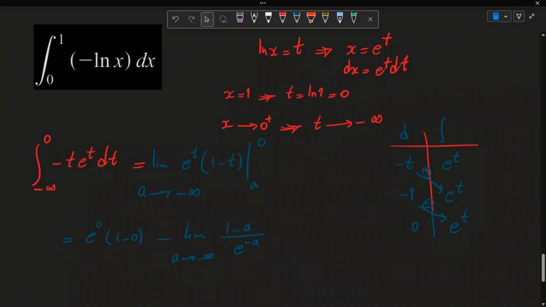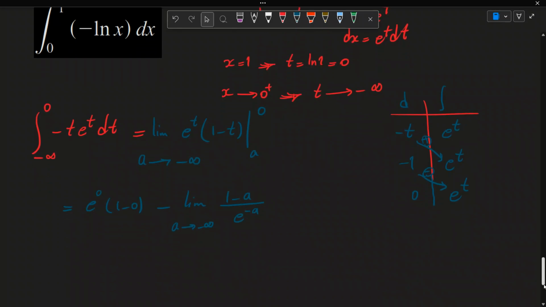Now if a approaches minus infinity, in the numerator we have infinity, and the negative a is positive infinity, so infinity over infinity, again we can use L'Hospital's rule. So the first time here, e to the 0 is 1, 1 times 1. Here we have 1 minus the limit.